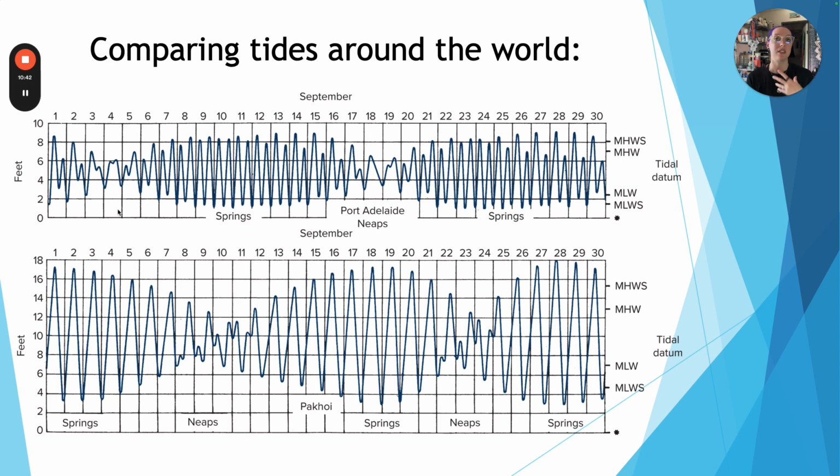Which one do you think is a diurnal cycle? Which do you think is a semi-diurnal or mixed semi-diurnal cycle? And really being able to recognize that. And then again, just seeing the overall wave patterns within the smaller wave patterns that are just waves. It's just so stinking neat. So yeah, study this image, see what you get, and tell me what you got.